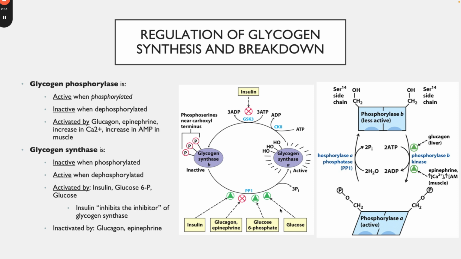So we'll stick specifically with glycogen phosphorylase, this right part of the diagram. So it is active, obviously phosphorylated, all that stuff. It is activated by glucagon and epinephrine. First, we'll talk about glucagon. This is what I was talking about. We have low blood glucose levels. Glucagon is secreted in response to that. But let's say we also have low energy, so we can't just do gluconeogenesis.